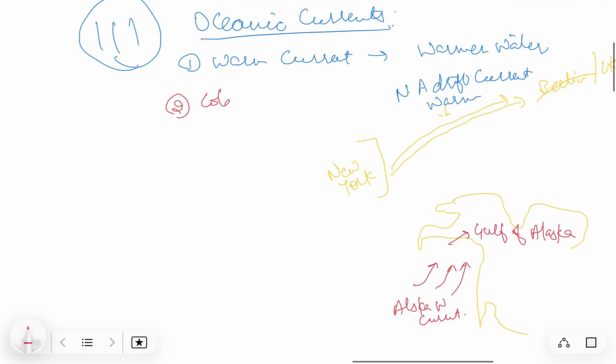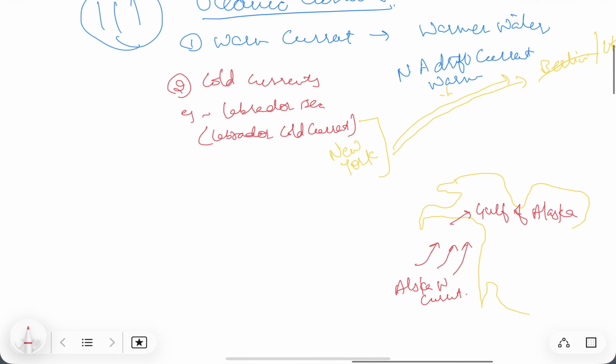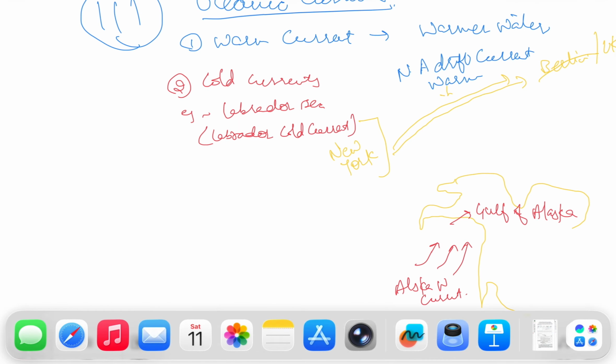Similarly, we have the cold currents. An example is the Labrador Sea. Here we have the Labrador cold current. So it will bring down the temperature compared to the surrounding area.